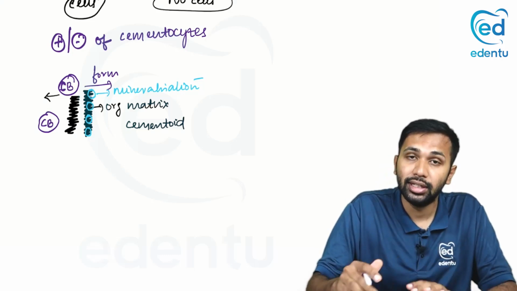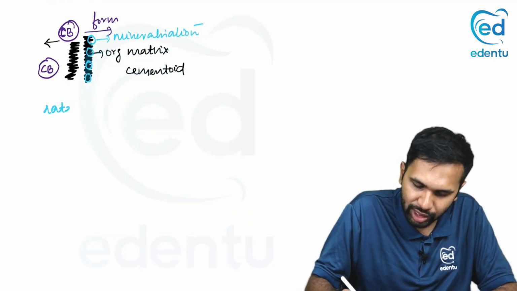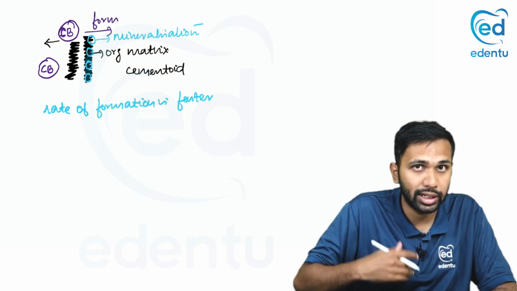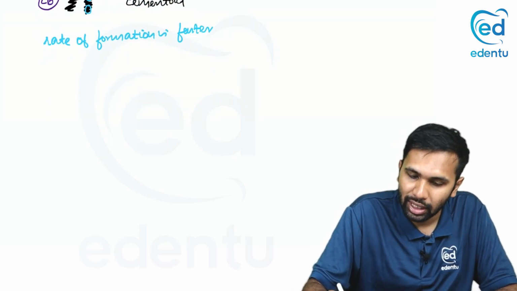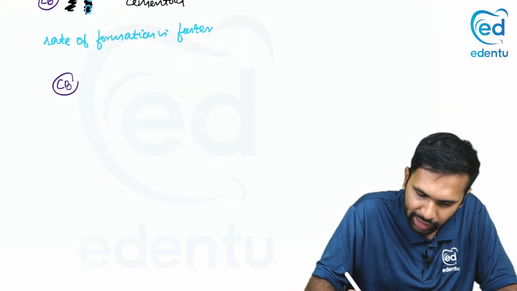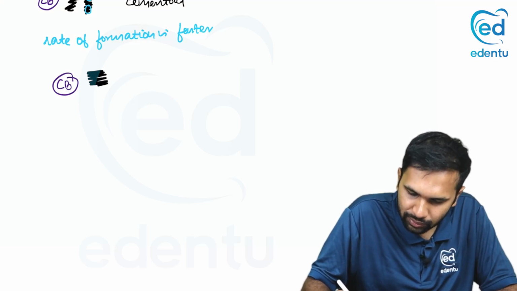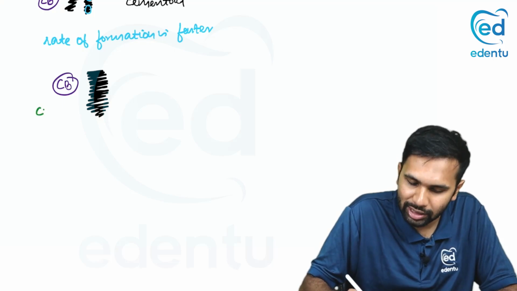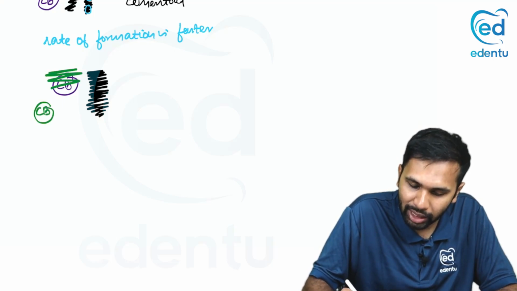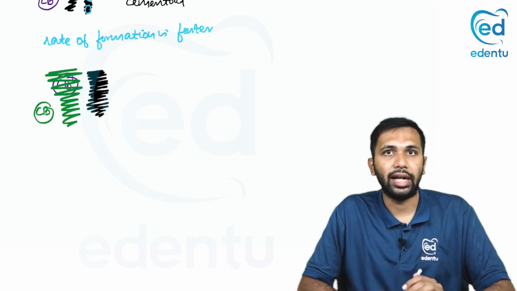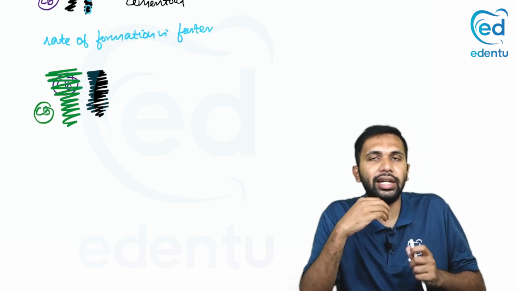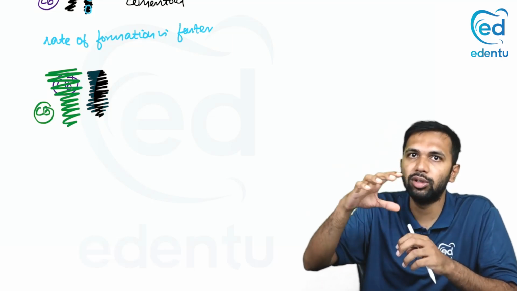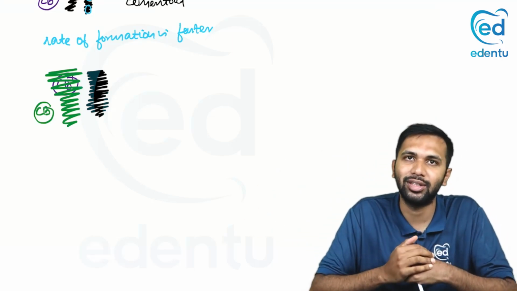Sometimes, when the rate of formation is faster, what happens? As usual, your cementoblast comes and lays down a cemental matrix. Meanwhile, another cementoblast comes and lays down a matrix over this region. That is, the first cementoblast doesn't get enough time to retreat backwards. Before he moves backwards, some other cells come and deposit a layer of cementum over him.